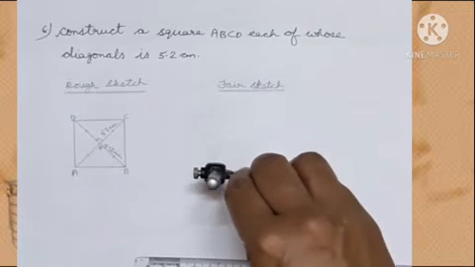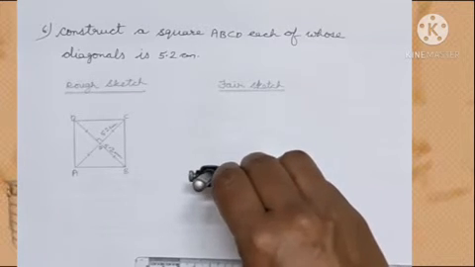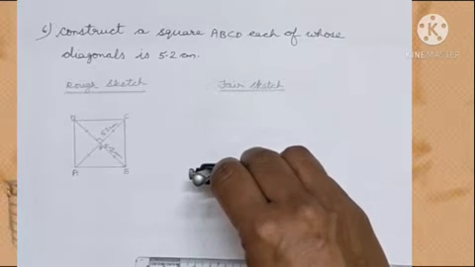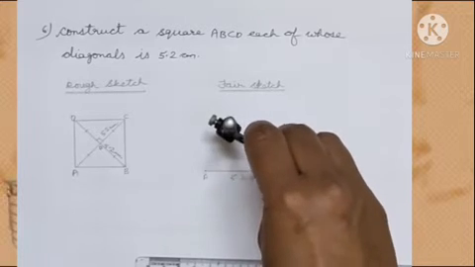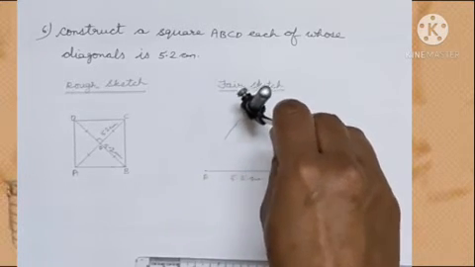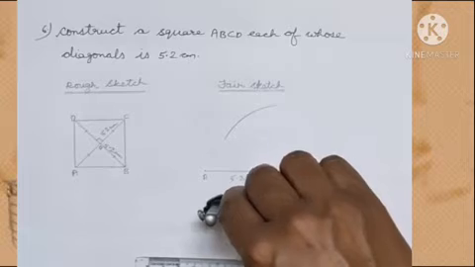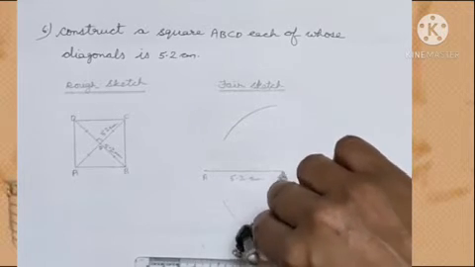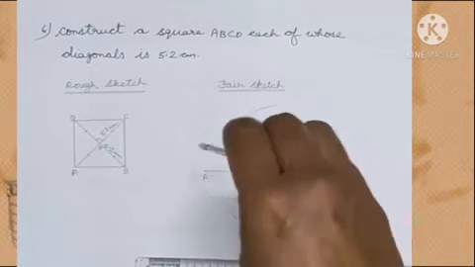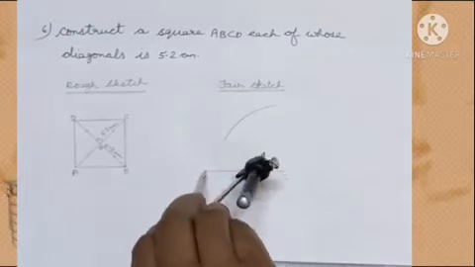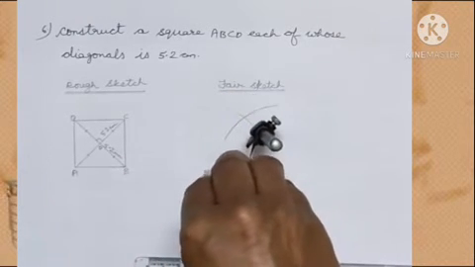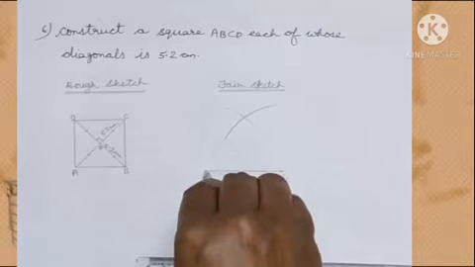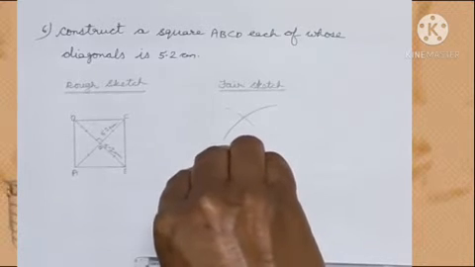Now we will construct the perpendicular bisector on AC. For it, we take in the compass more than half of the measurement of AC and we draw two arcs from point C, up and down of AC, and from point A also with the same measurement we draw two arcs up and down of AC.